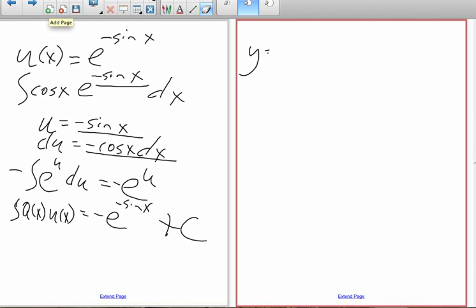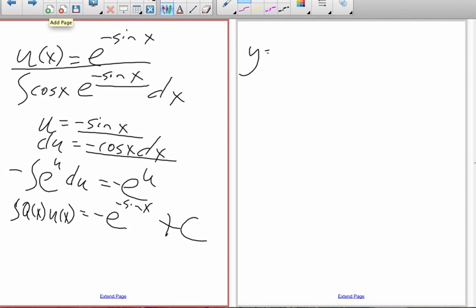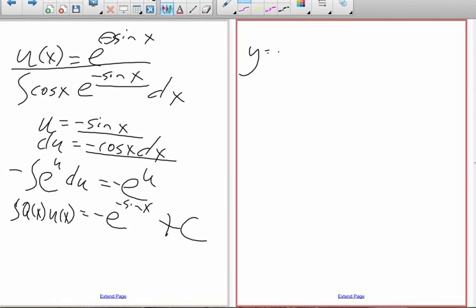Because my mu of x here is what I'm after. So since this is e to the negative, we go to 1 over, which means we just change the sign of this. So it's going to be e to the sine of x times our result here, which is a negative e to the negative sine of x plus c.